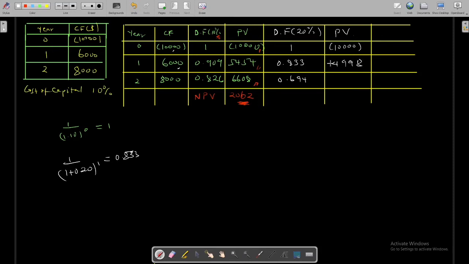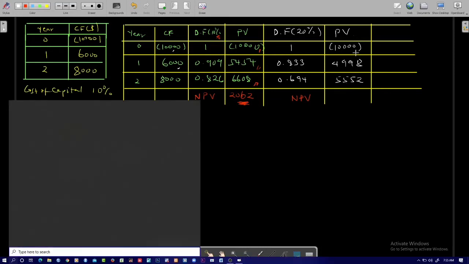0.694 times 8,000 will give us 5552. So here we have to find the net present value. The net present value is the summation of this plus this minus this.